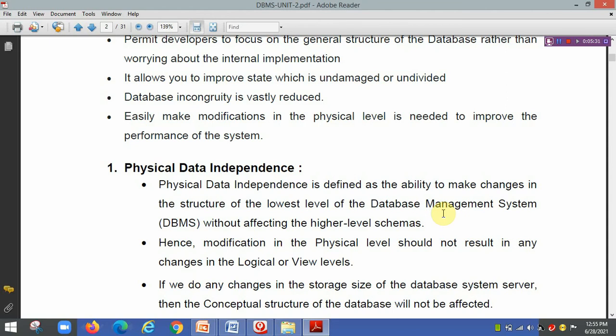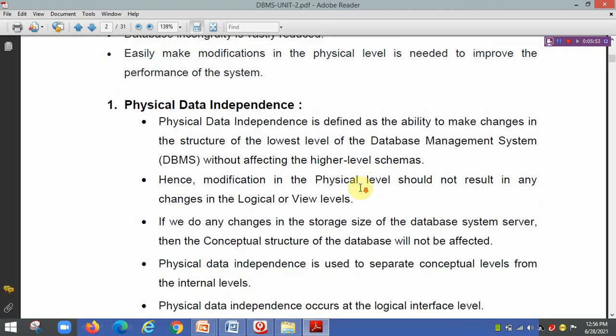Hence, modification in the physical level should not result in any changes in the logical or view level. That means in the internal level the internal schema will be used, but there is no effect on the logical level or view level.